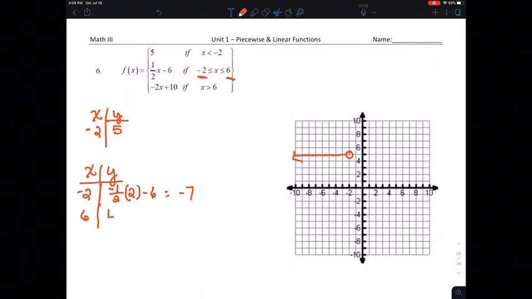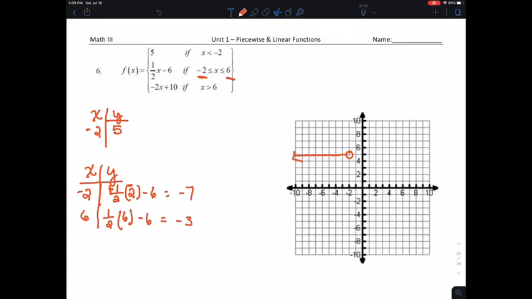And at 6 we have 1/2, that should be 1/2 times -2, but it's going to be the same thing. It all comes out in the wash. And then we have 1/2 times 6 minus 6, which is 3 minus 6, -3.